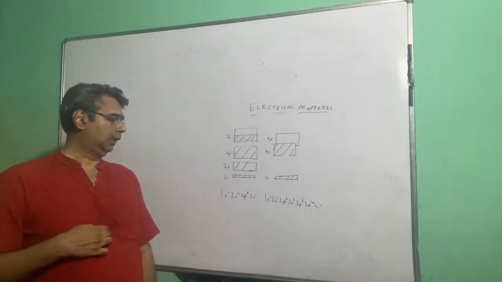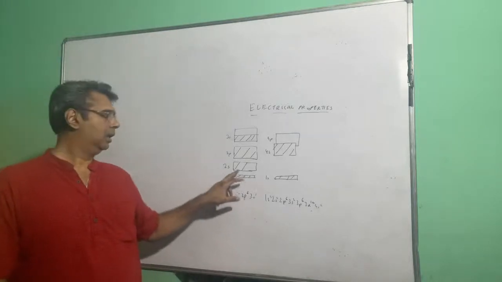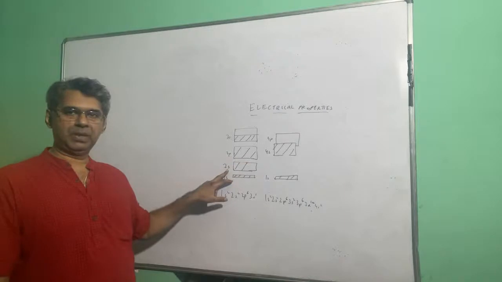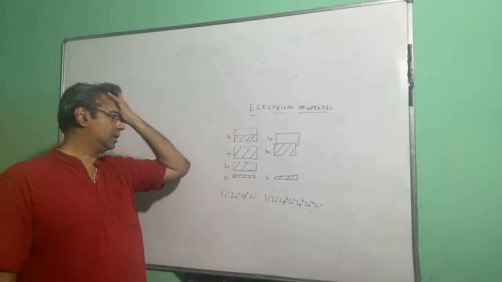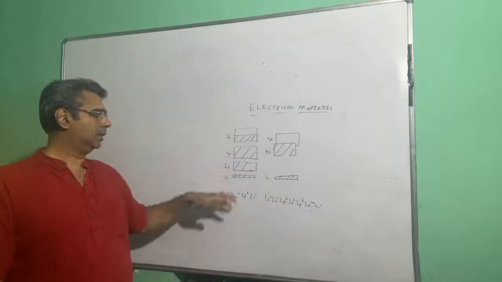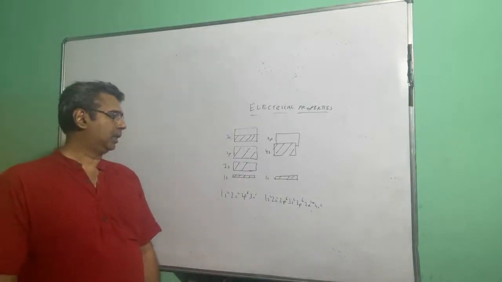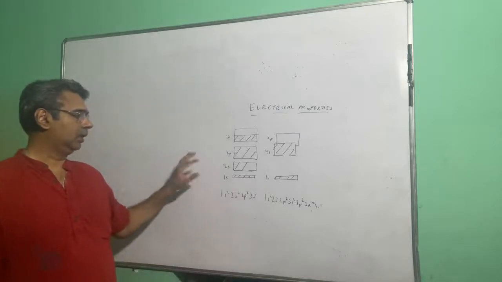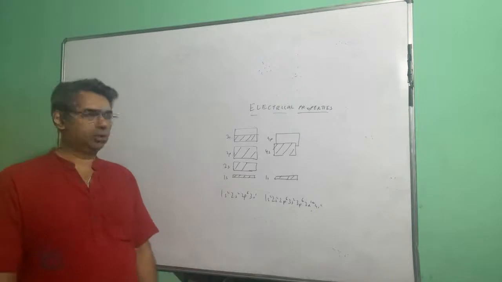So basically this is the energy band diagram for sodium. This is the 1s energy band, this is the 2s energy band, this is the 2p band, and this is the 3s band. These are the energy bands in case of sodium.